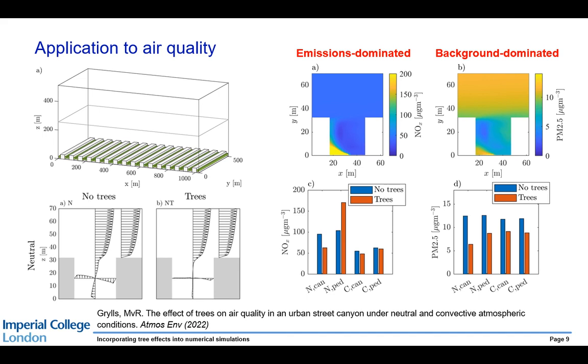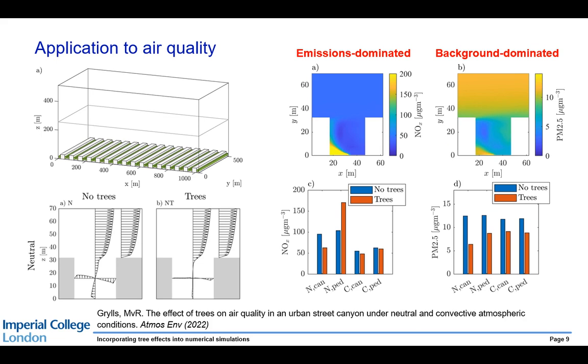Yeah, so with regards to air quality, as it's already been mentioned in this session, trees have this kind of competing effect, which is that in an urban canyon, they can inhibit exchange with the flow above, because they're just a physical barrier.